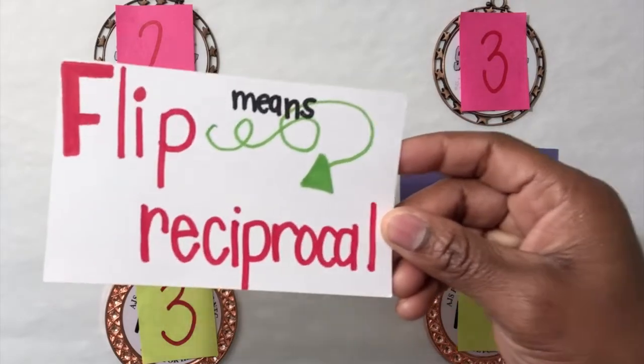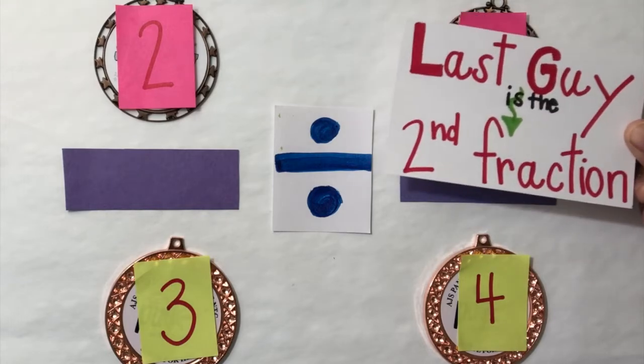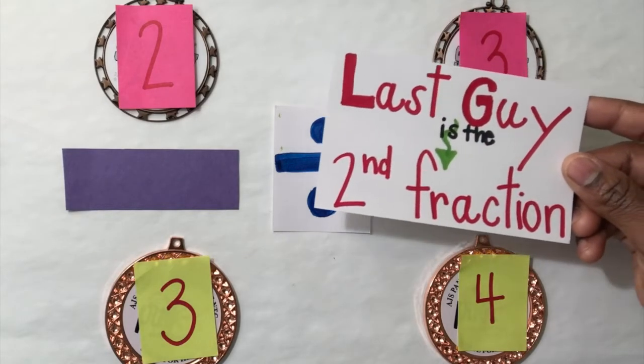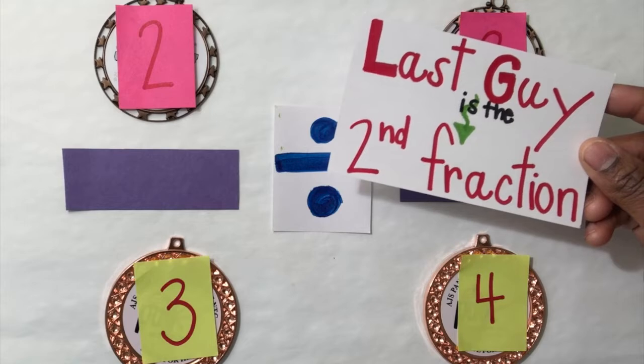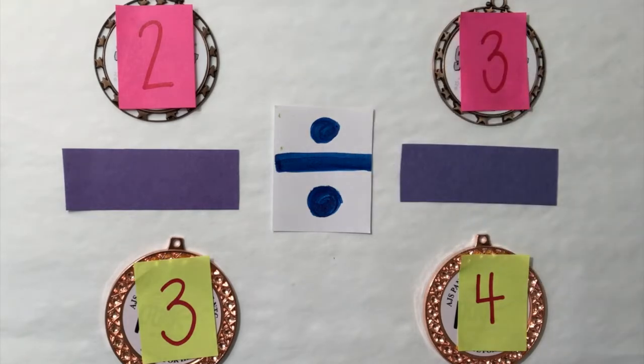So we are going to find the reciprocal of the last guy. So our second fraction in our expression is called the last guy, or the divisor. So we're going to flip the last guy and multiply. Now let's find the reciprocal of the second fraction. We find the reciprocal by exchanging the numerator with the denominator.